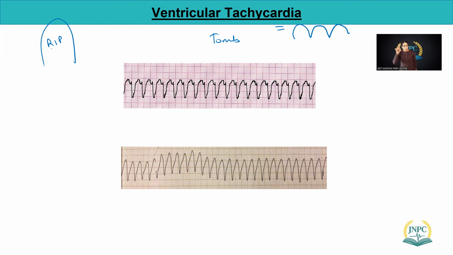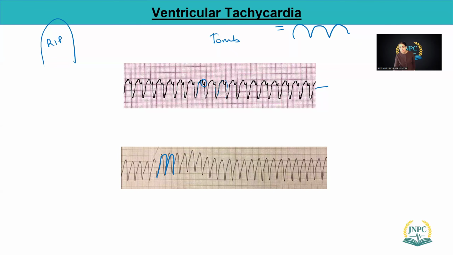So these are kind of tombstones, a lot of tombstones. Or in other words, if you see these, they look like M's, like McDonald's, right? Or sometimes you see a top note here, but it is still giving you the same rhythm, like tombstone. So just know this is VTAC, VTAC.